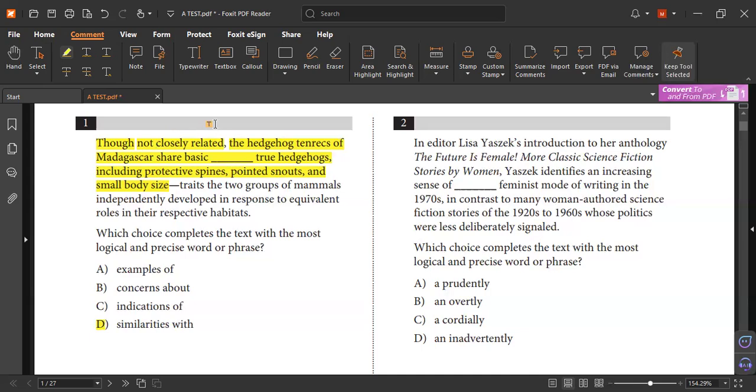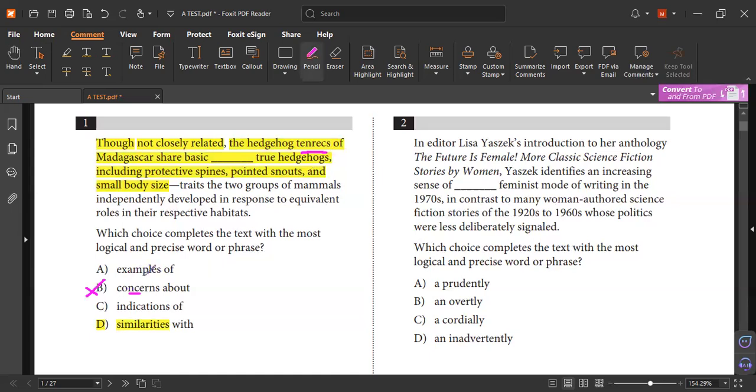They are closely related. What does it mean? It means they share similarities, not concerns. As you know, concern is just like worries. So B is not correct. Do you feel it? That means both of them share similarities, not concerns.